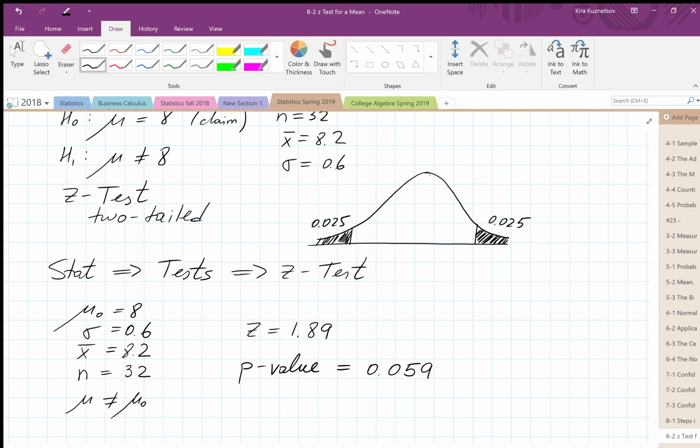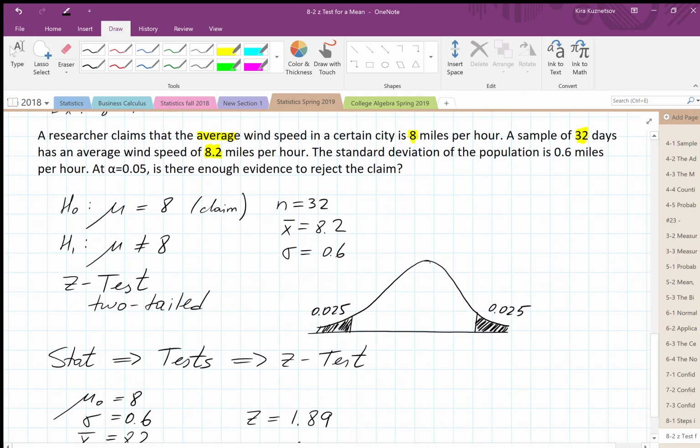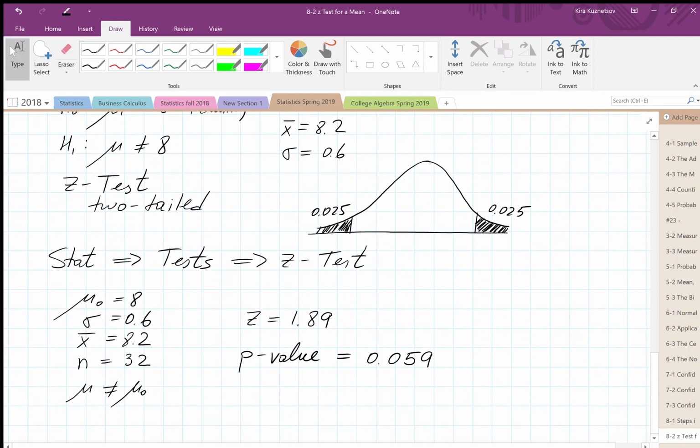What you want to do is compare the p-value to the alpha that is given to you. The alpha that's given to me is 0.05. Notice the p-value is greater than 0.05. What this means is, if you divide this 0.059 by 2, this will give you 0.0295.